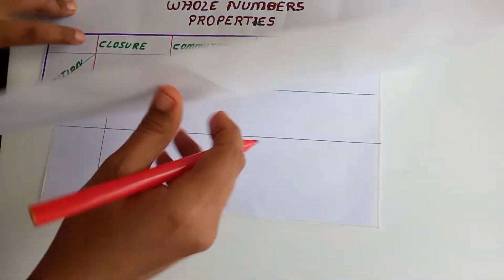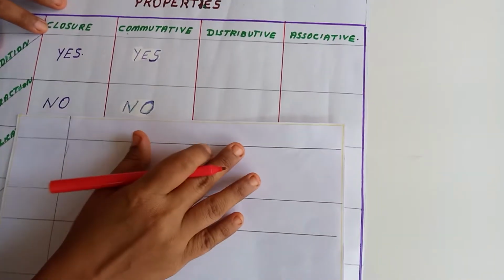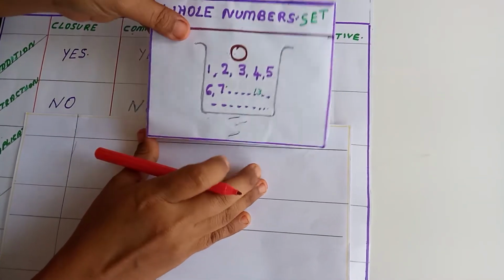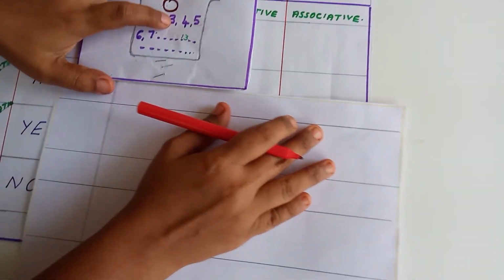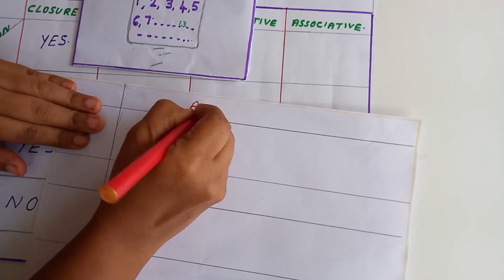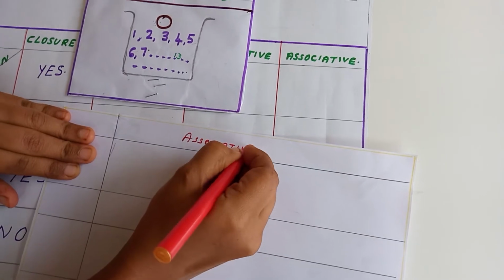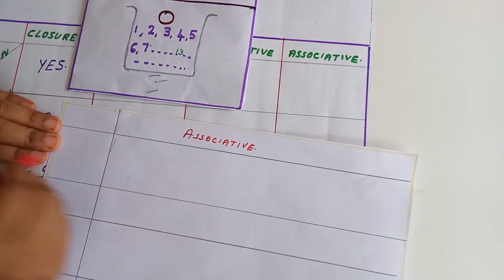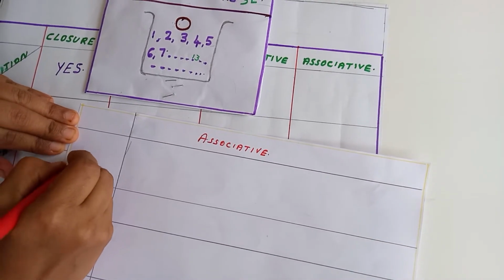Now we are going to deal with associative property. For that, you remember this set? This is a set of whole numbers. To show associative property, we should go with the operation addition.